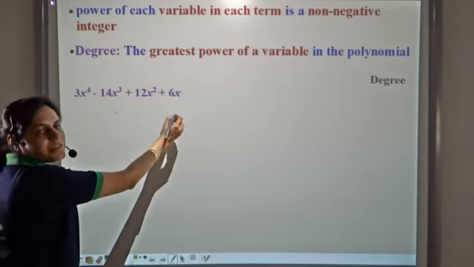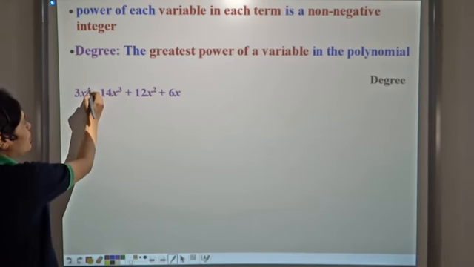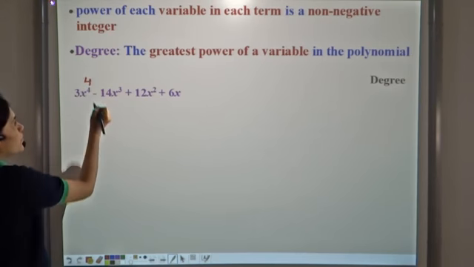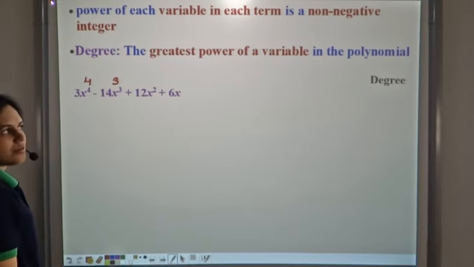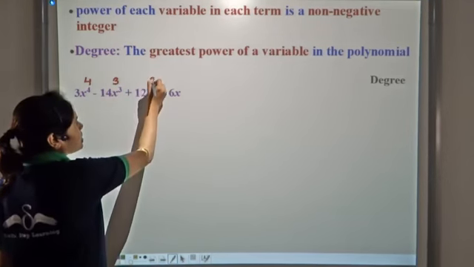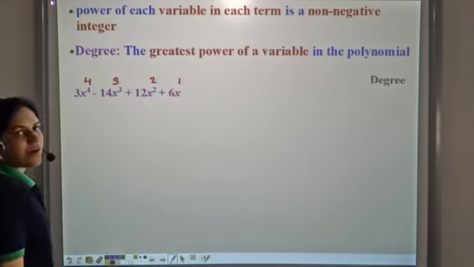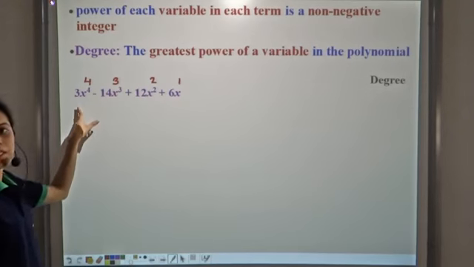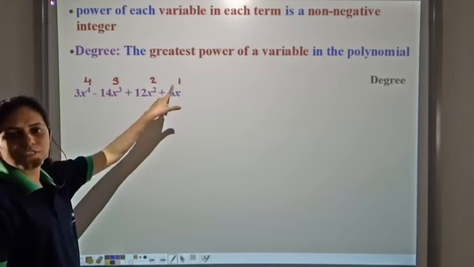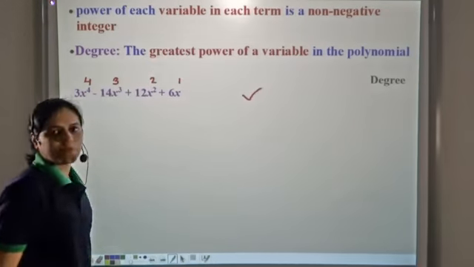So, the variable here is x. Power of x here is 4. Power of x here is 3. Power of x here is 2. And power of x here is 1. So the power of the variable in each term is a non-negative integer. So yes, this is a polynomial.